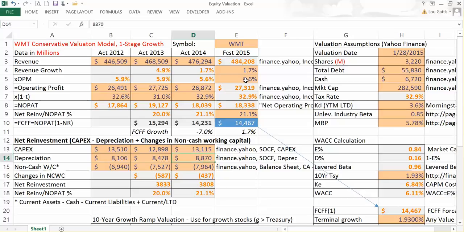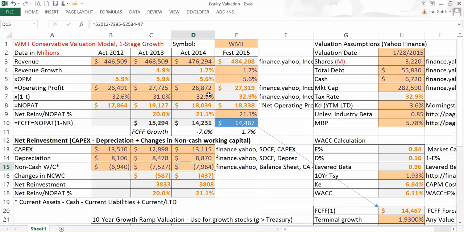Now, depreciation is really the accounting recognition of past capital expenditures. So if I were to not add this back, I would be double counting my expenses, because some of their profits have already been reduced because of depreciation expense. So what I need to do is add back this 8 billion, and then subtract the real cash cost of capital expenditures in 2014.